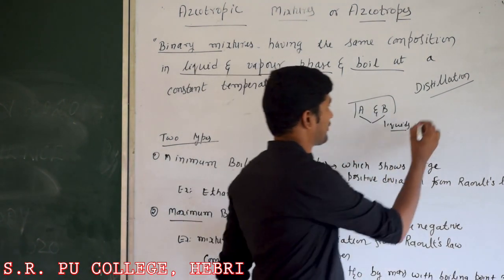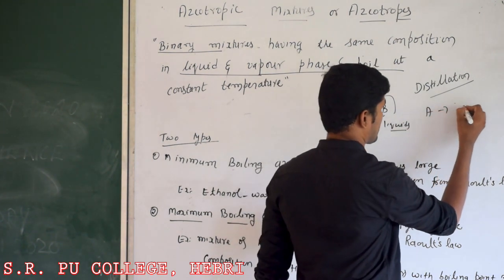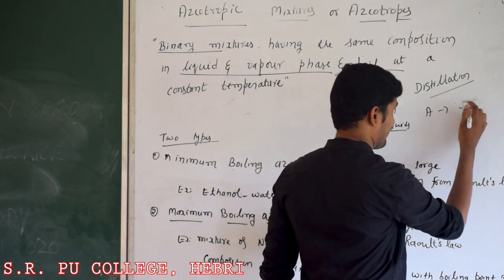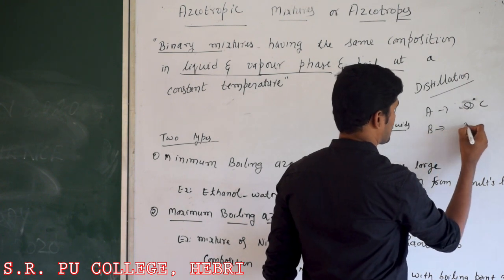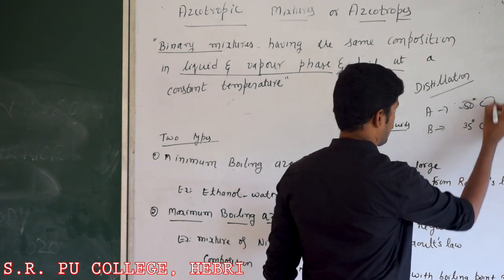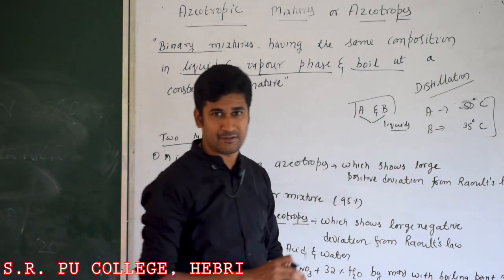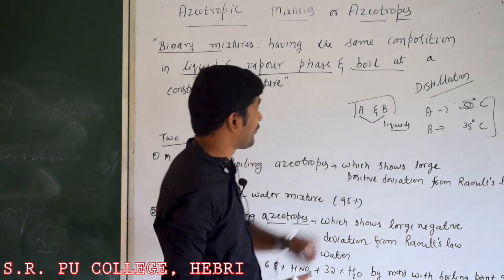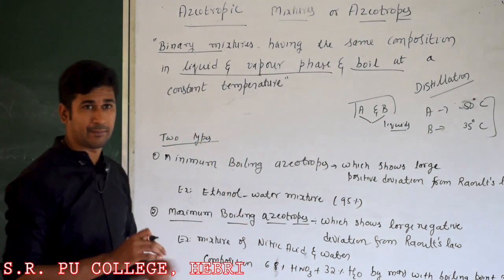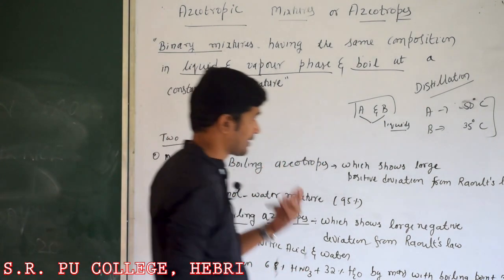For example, if liquid A has a boiling point of 50 degrees Celsius and liquid B has 35 degrees Celsius, you can separate them by fractional distillation. It's very simple. But if they form an azeotropic mixture, what happens?